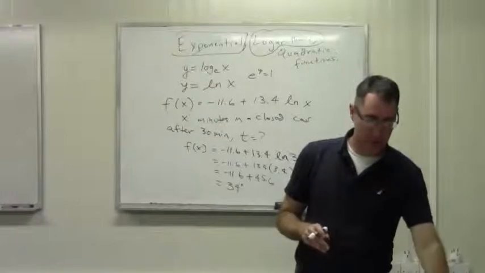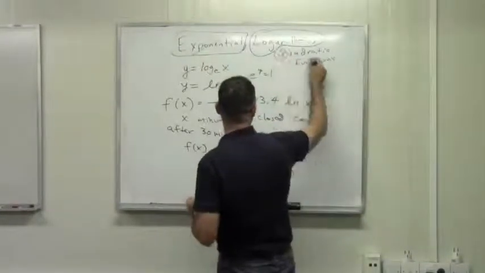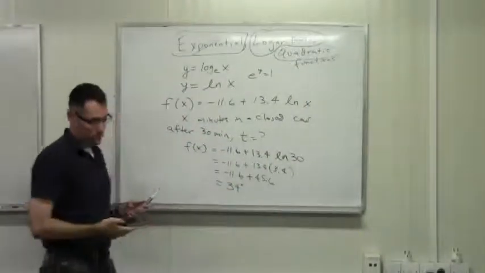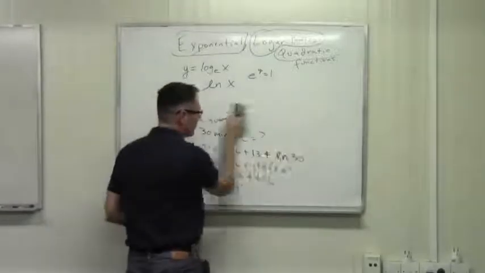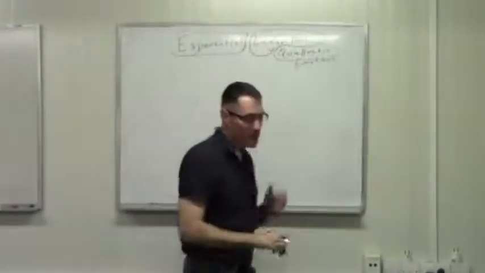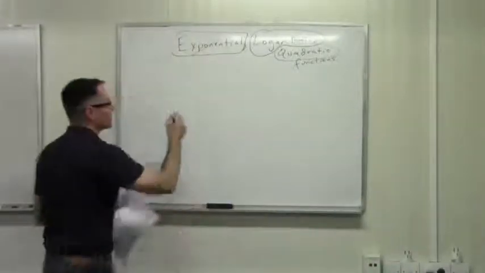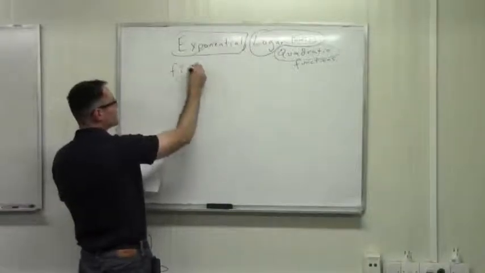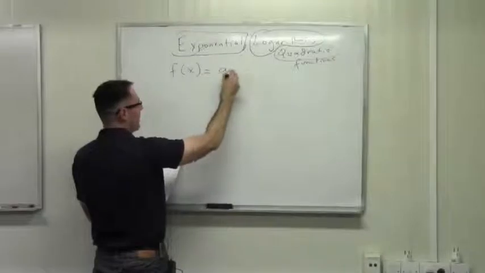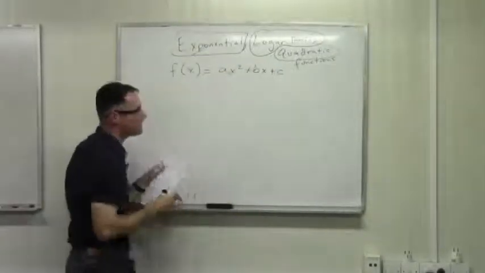Okay, so those are exponential functions and logarithmic functions. The next one we have to deal with is quadratic functions. Luckily, we've already seen these, but we'll talk about them in a little more detail. A quadratic function is a function that can be expressed like this: f of x equals ax squared plus bx plus c.